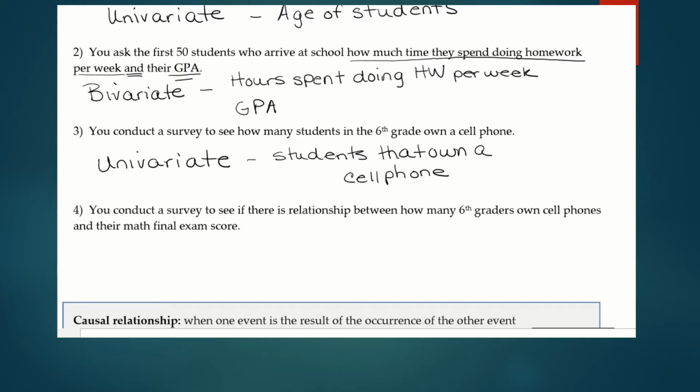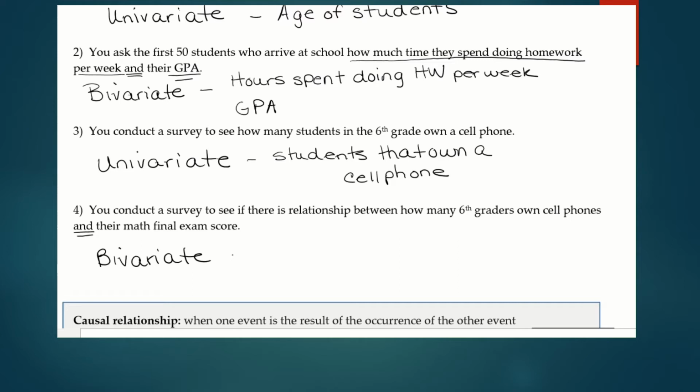Okay. And then number 4, you conduct a survey to see if there is a relationship between how many 6th graders own cell phones and their math final exam score. All right, so this is bivariate data, that "and" is connecting two variables.